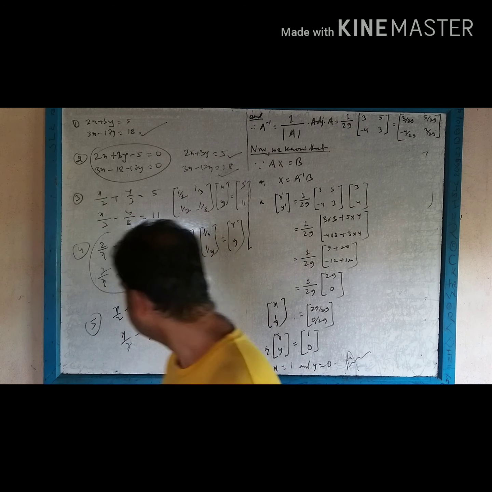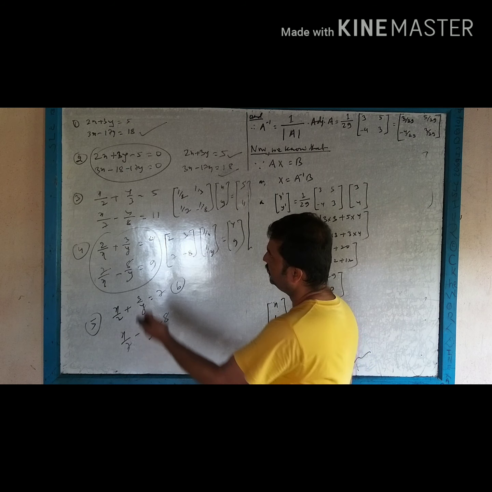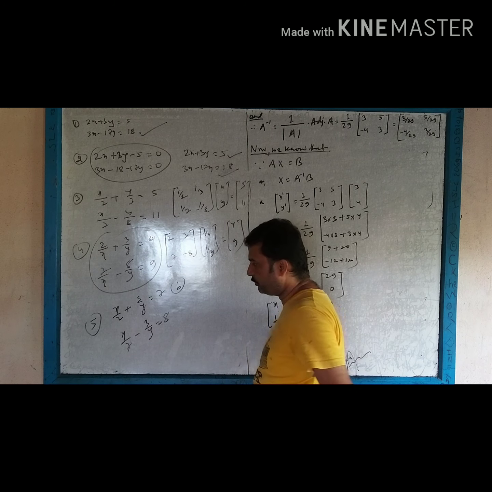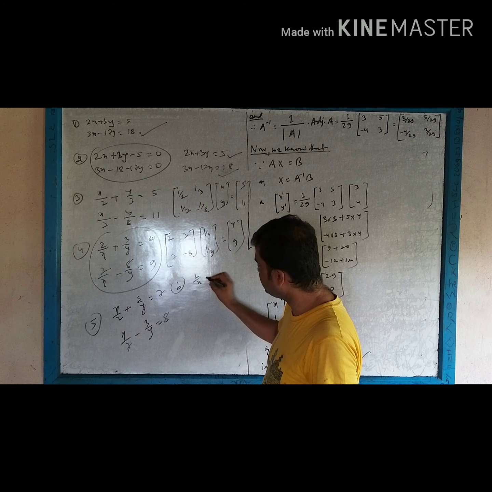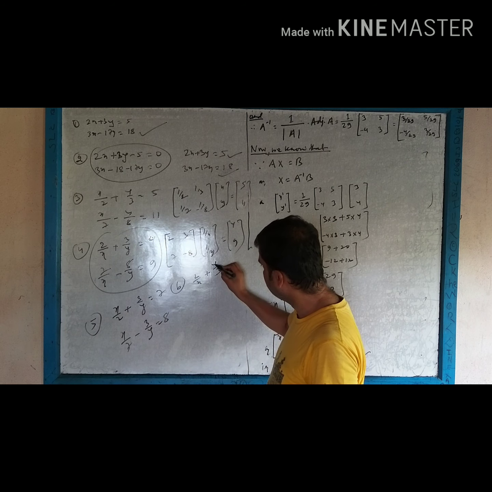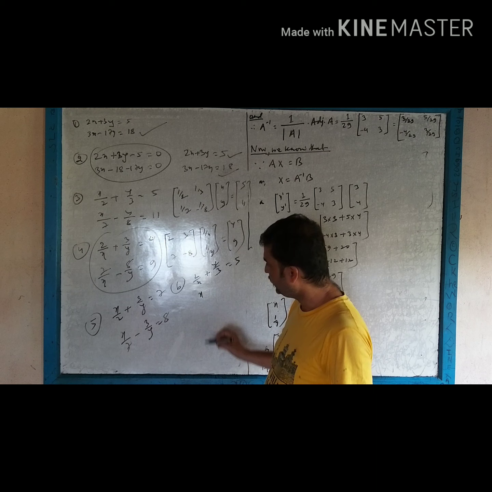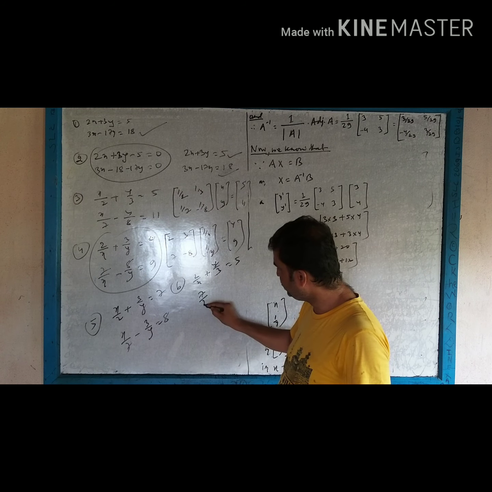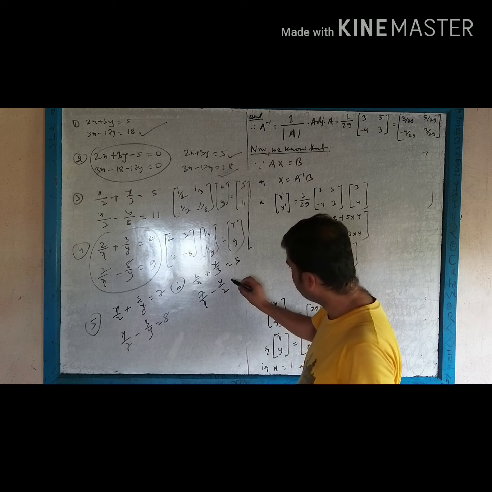Go for next. This x is above. Similarly, there will be the case of x and y both variables below, in the denominator place. Here x is above, y is below. Now here may be 2 by x plus y by 3 is equal to 5 and here 7 by x minus y by 2 is equal to 8.